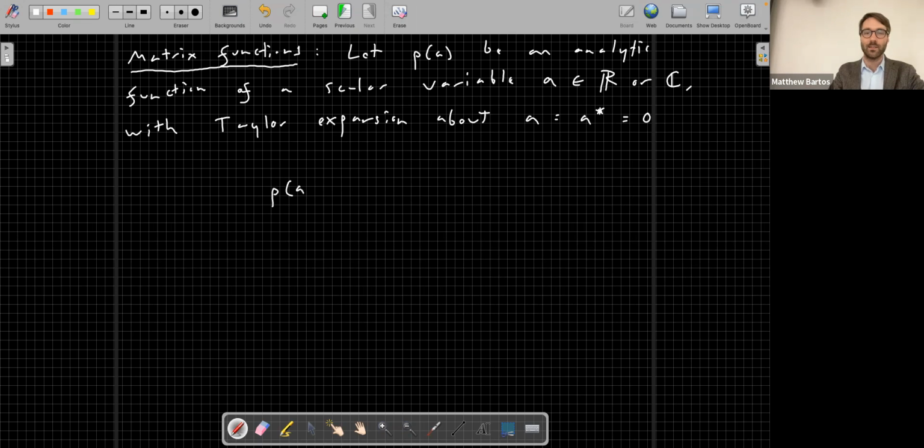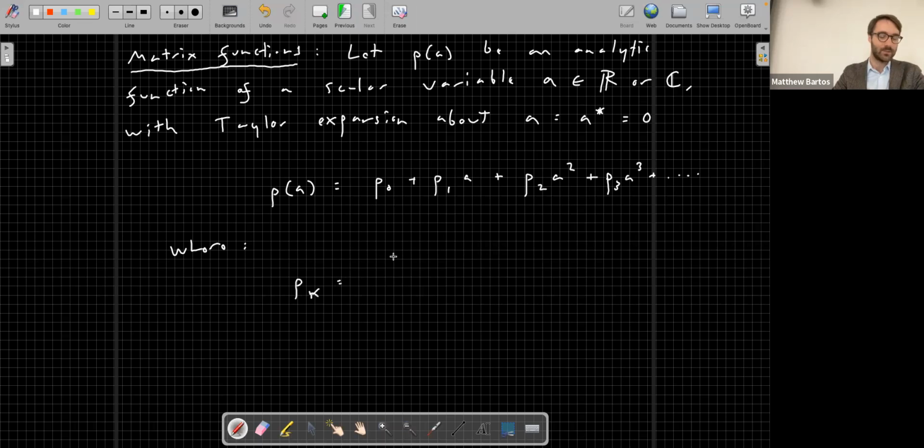So we have that P of A, from our definition of the Taylor expansion, is equal to P naught plus P1 A plus P2 A squared plus P3 A cubed, and so on to infinity, where for each of these coefficients, P1 through P infinity, we have that Pk is equal to 1 over k factorial times the derivative of our scalar function P of A with respect to A, evaluated at A equal to A star, which is 0.